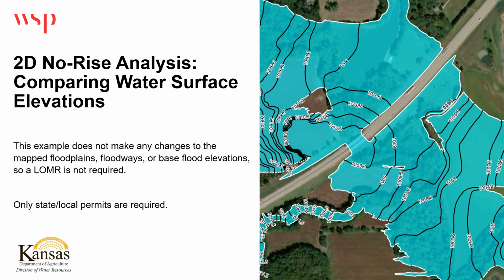So there's no need to do any kind of LOMR or CLOMR, letter of map change. So the only thing we need to do to permit this project is to get our state and local permits. We do not have to go through any FEMA floodplain review process because we are not changing the mapped floodplains in any way.